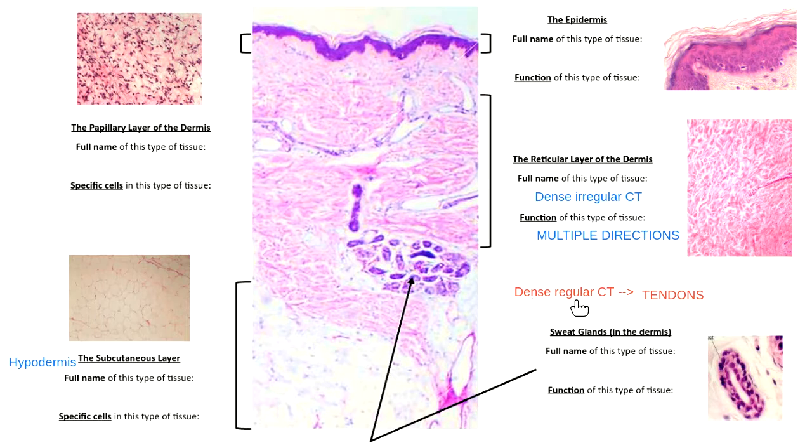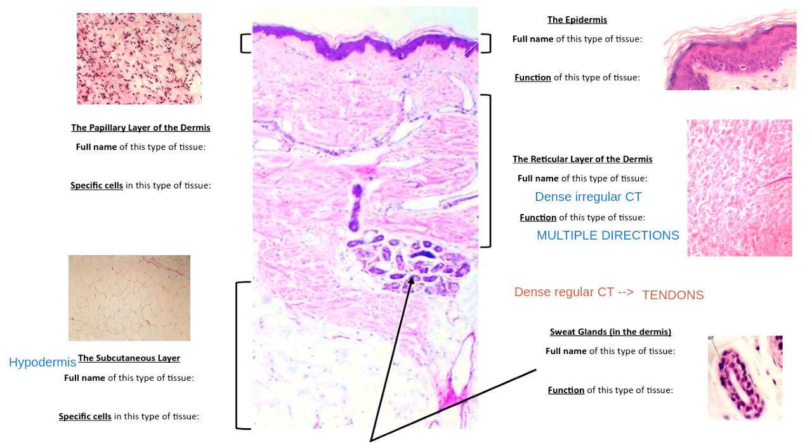When you think about moving your entire arm or your entire leg, I have a fixed range of motions at that joint. I want to make sure that the directions I move things at that joint are really reinforced. So I put dense regular connective tissue at those joints because I'm always pulling in one direction.